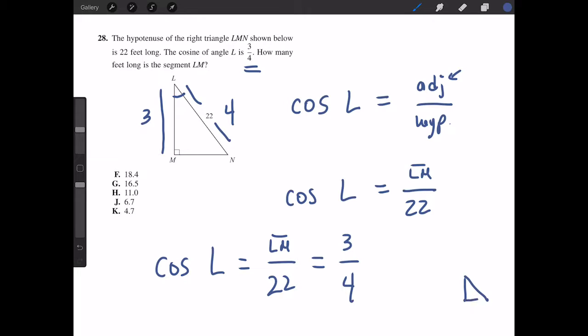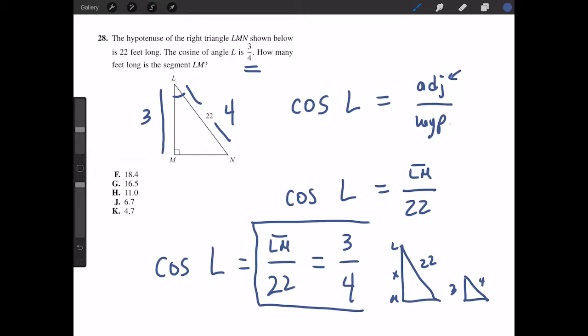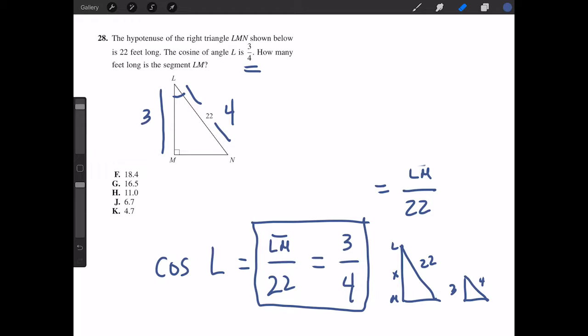But that would be the smaller proportional triangle to the one we're actually dealing with here, which is 22 by x, or 22 by the segment LM. So we can use the ratio here: LM divided by 22 should be equal to 3/4, and solve for LM. We achieve that by multiplying both sides by 22.